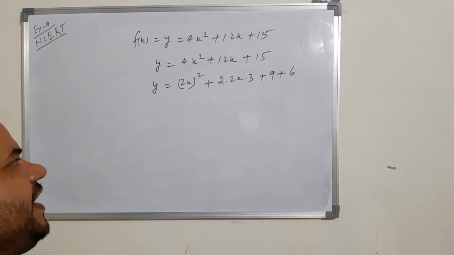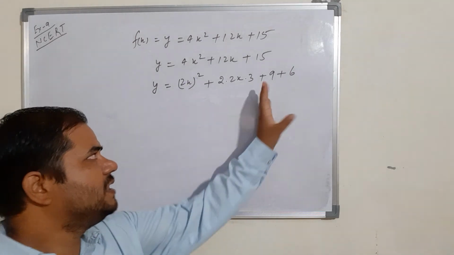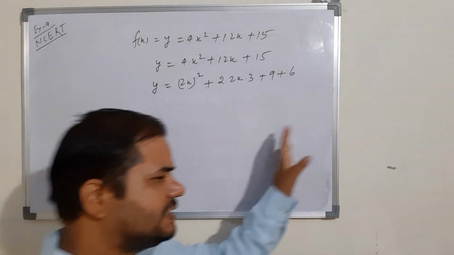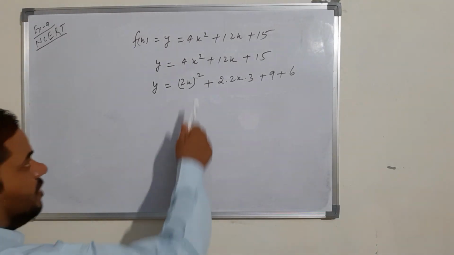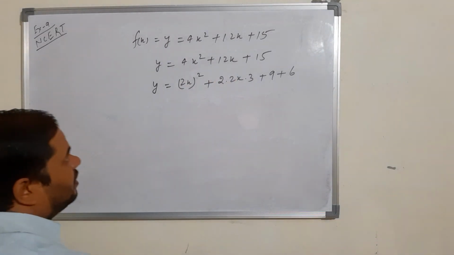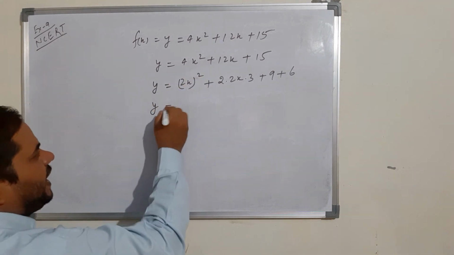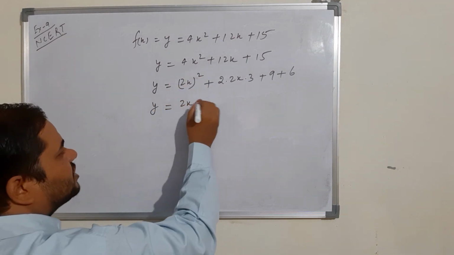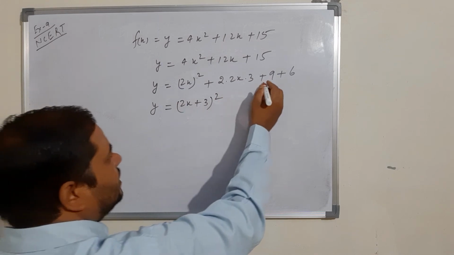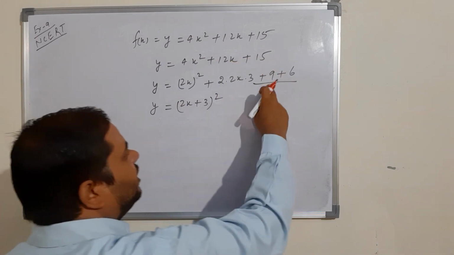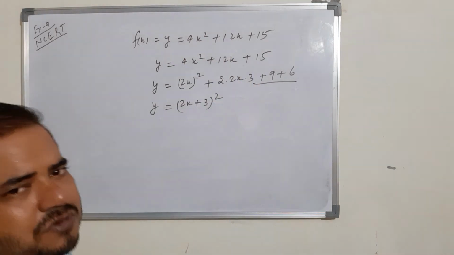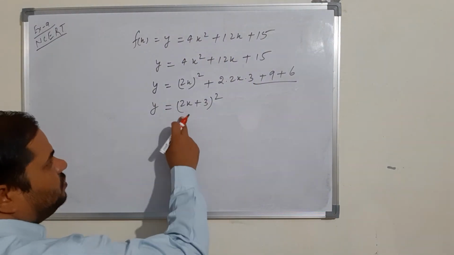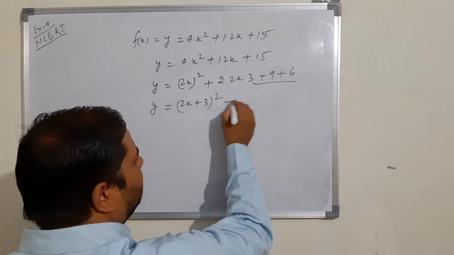We have to make it a complete square, then only we can distinguish x and y. We have to separate x and y only after completing the square of this particular function. So we can write it as (2x plus 3) whole square. Yes, see here 15 can be written as 9 plus 6, and this can be written as 2 into 2x into 3, that is 12x. So simply we can write it as (2x plus 3) whole square plus 6.